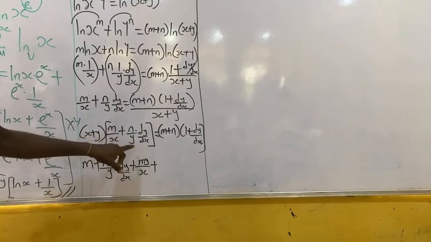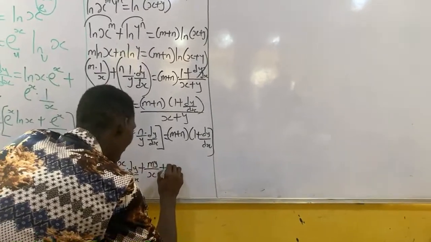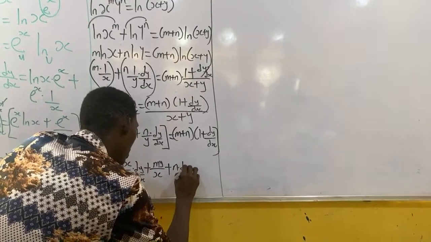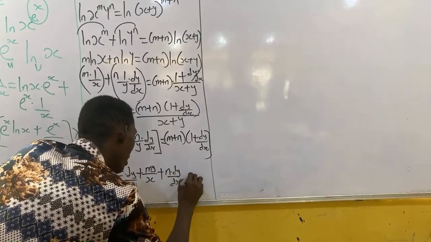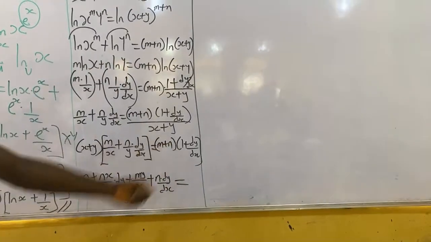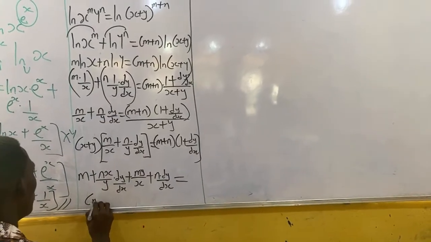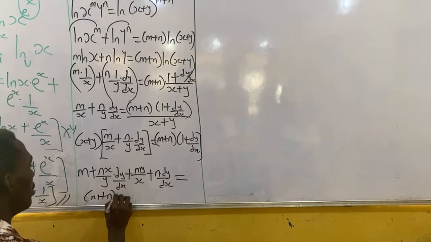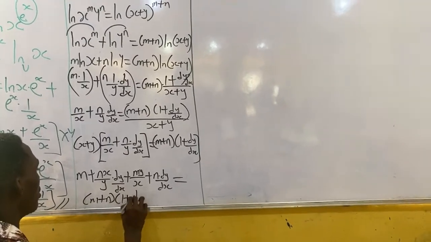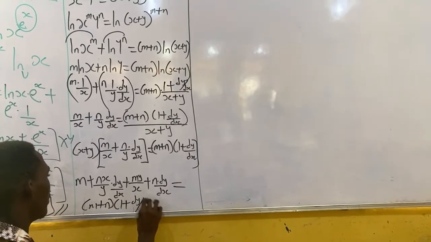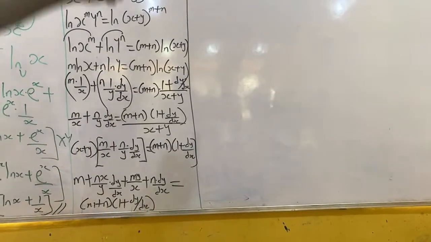That means y will cancel y. Therefore, we are left with ordinary n dot dy over dx is equal to, let's write this under. So that will give us m plus n in bracket 1 plus dy over dx.